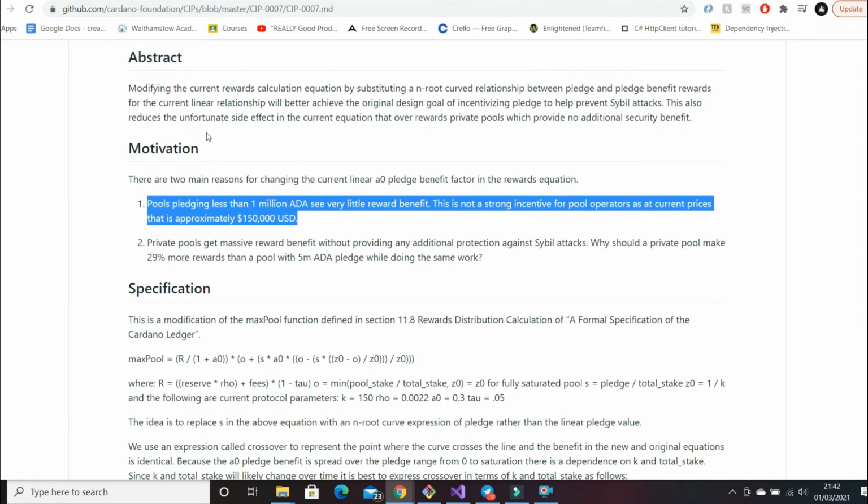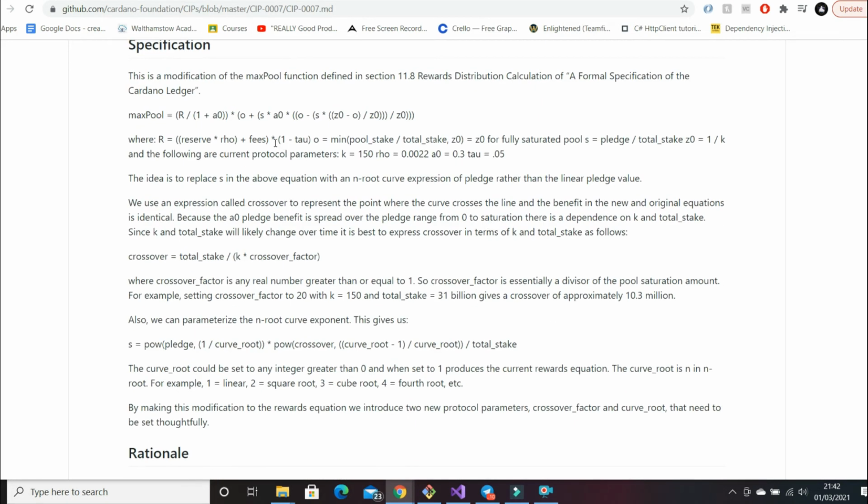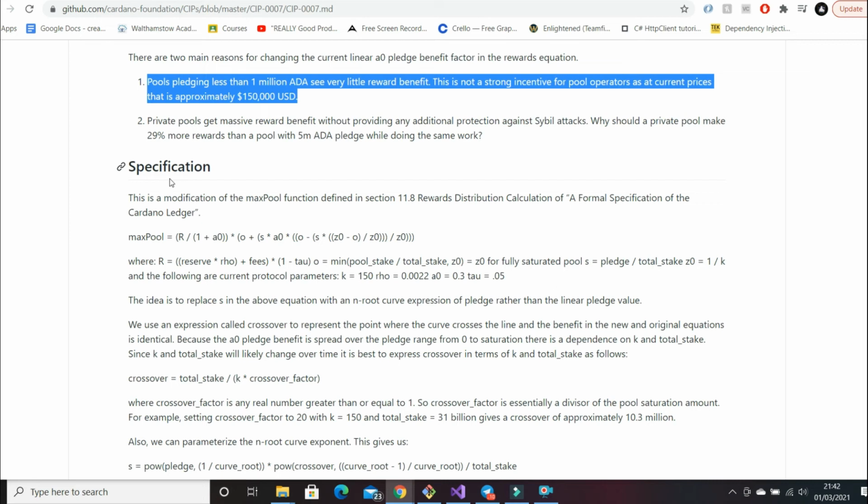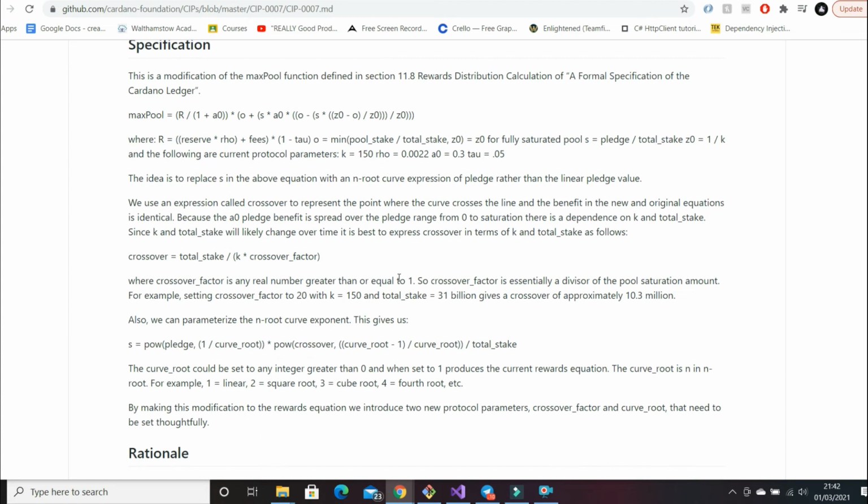And again, the current way that these rewards are distributed is not really incentivizing people to stake their Cardano. So they have proposed a change to the formula for calculating the rewards distribution. But you guys can take a look into here. I won't go too much into the maths of it because that will probably bore you guys.